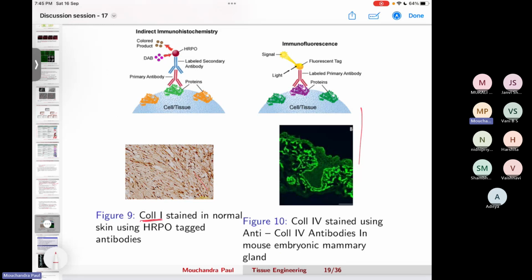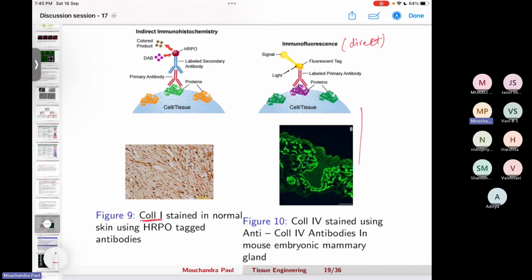Whereas in immunofluorescence, we are using a fluorescent dye instead of an enzyme to tag your antibody. Here, although this is a direct example, indirect can also be done. In direct, you are only using the primary antibody conjugated with the fluorescent dye or enzyme. In indirect, a secondary antibody is used.